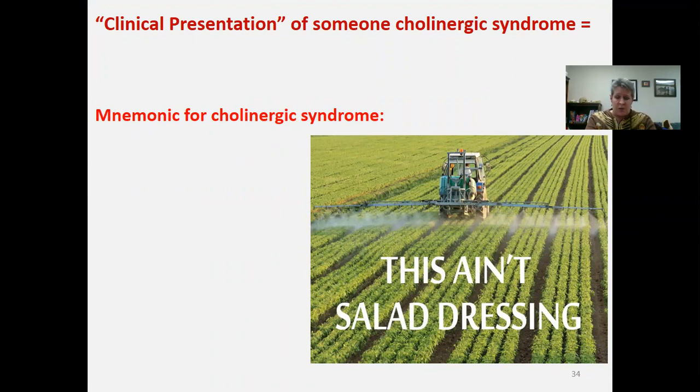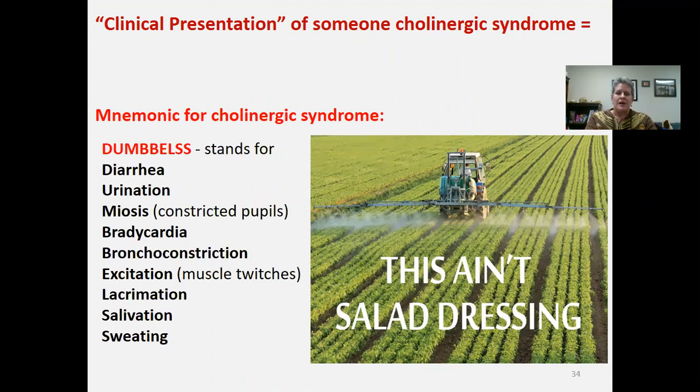And there's a mnemonic for it. You'll learn lots of mnemonics. So, DUMBBELS. Each letter stands for one of the clinical presentations of a person with cholinergic syndrome. Okay, and I'll explain why you have this. Diarrhea. Your GI system is stimulated by acetylcholine. Acetylcholine binding to muscarinic cholinergic receptors will increase peristalsis in your GI tract.